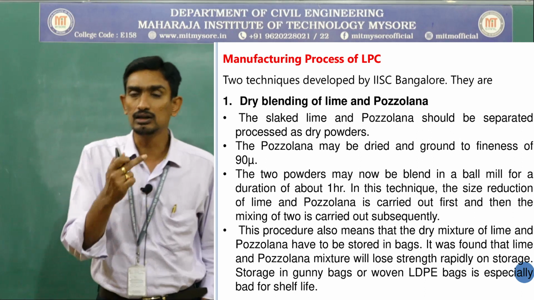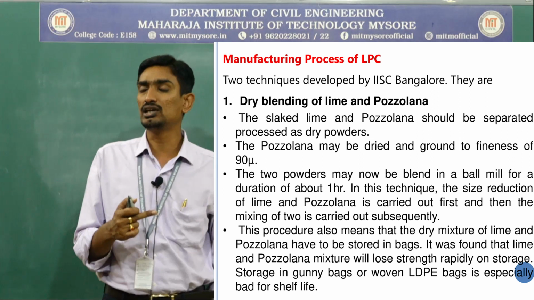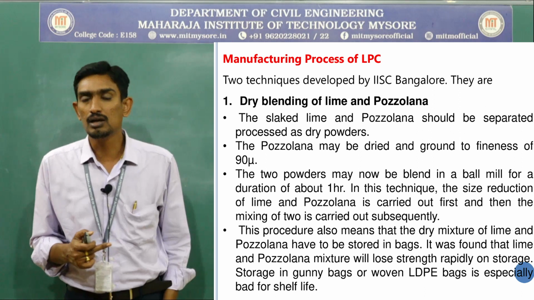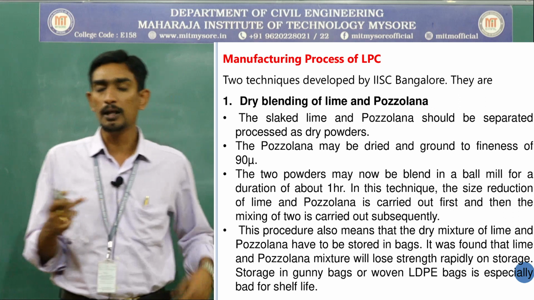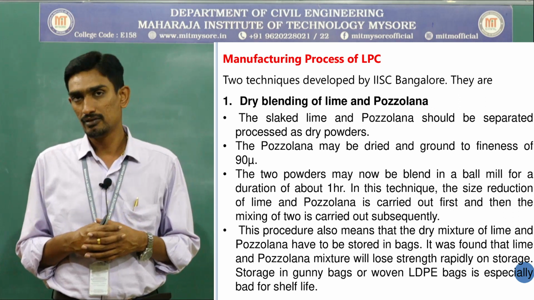That rotation will create a blending of these dry powders, lime and pozzolana, in the ball mill. So this ball mill will give a very good blending so that the lime and pozzolana get integrated in a better way.